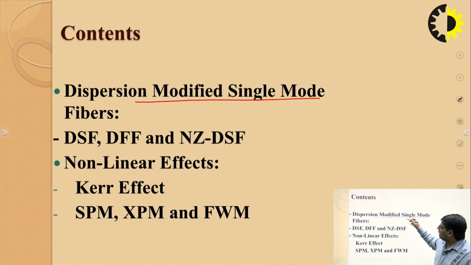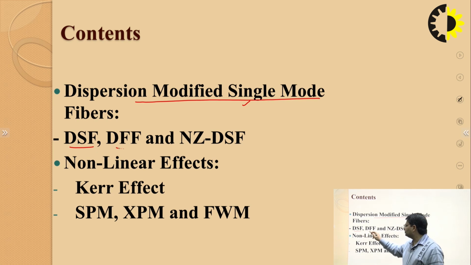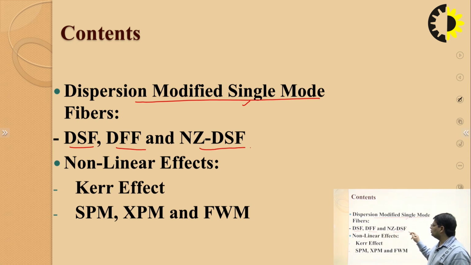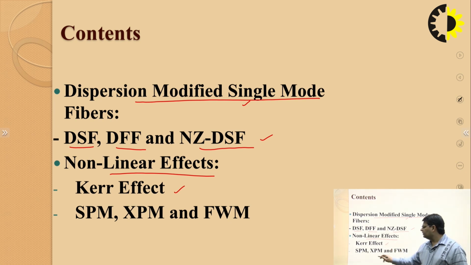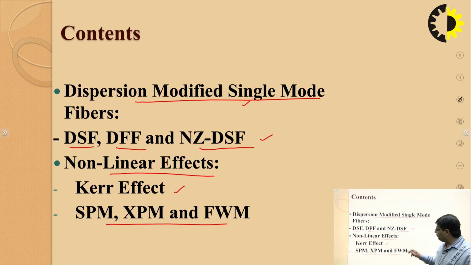After modification, three types of single mode fiber can be obtained, that is dispersion shifted fiber, dispersion flattened fiber and non-zero dispersion shifted fibers. Along with this topic we will also cover the non-linear effects. The non-linear effects are mainly the Kerr effect, which has types such as SPM, XPM and four-wave mixing, that is FWM. We will cover these two topics in detail.